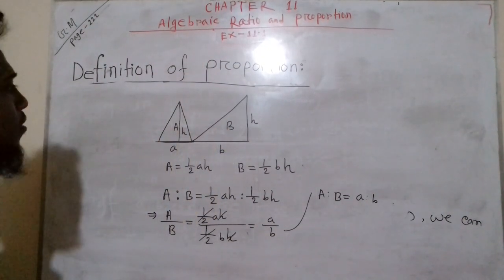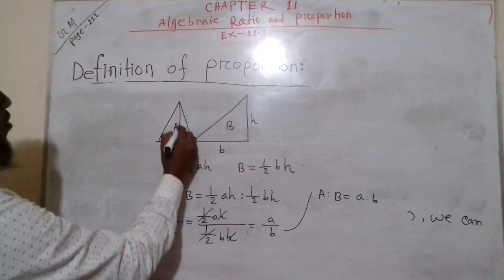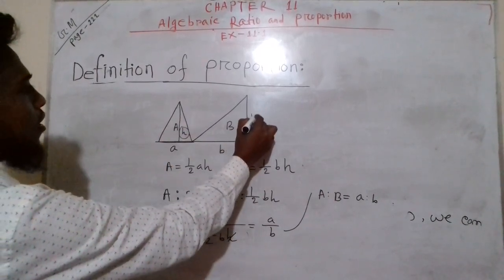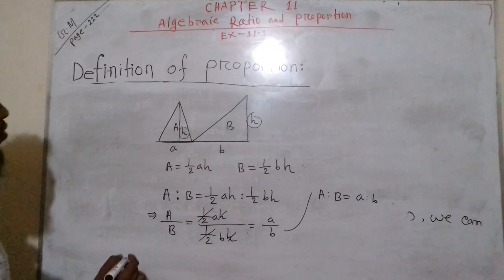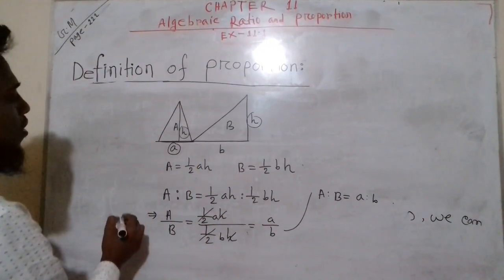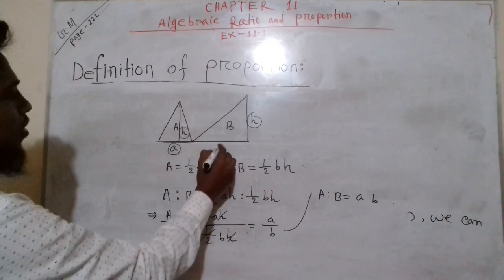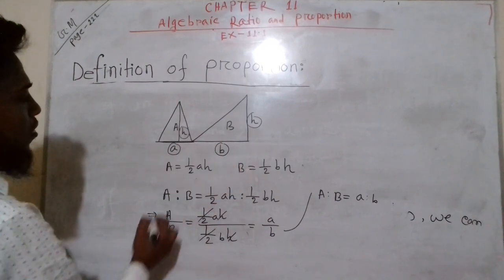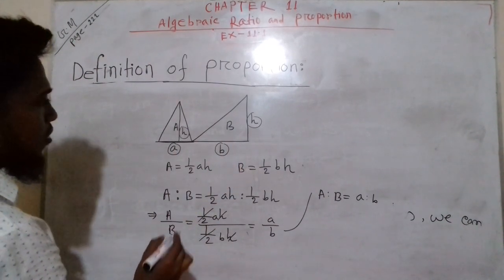We can see that this triangle's height is H and this triangle's height is H, so these are the same quantities, and this triangle's base is a and this triangle's base is b, other kinds of these two quantities.